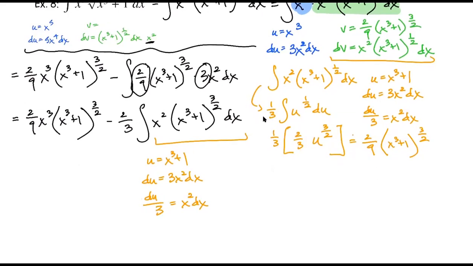And when I do that, I'm going to end up with 1/3 the integral of u to the 3/2 du. And just like before, I see a fractional power, so I'm able to use the power rule. So power rule says I take the power, 3/2, and I add 1, 5/2. And then to find the coefficient, I take the reciprocal.